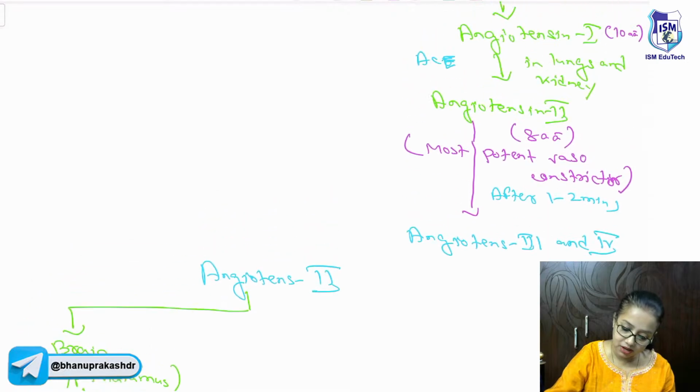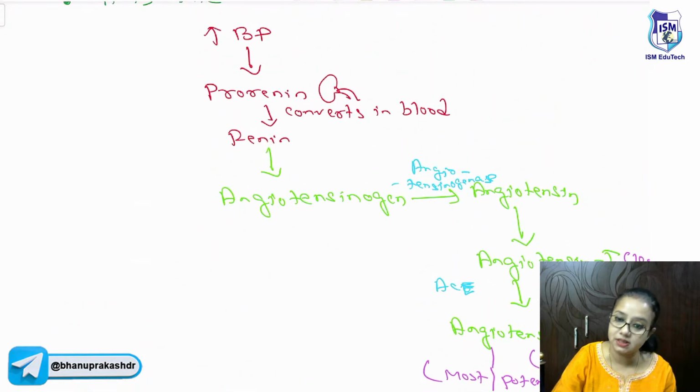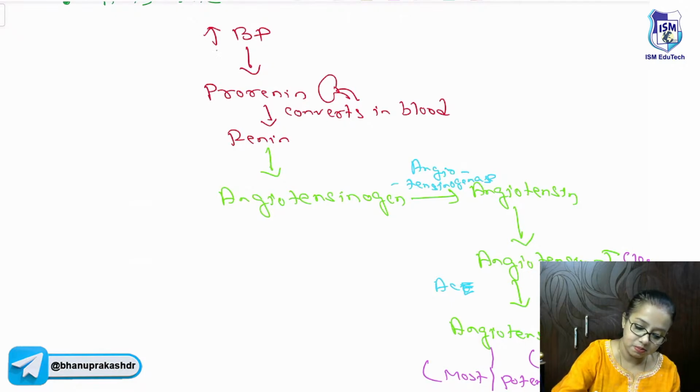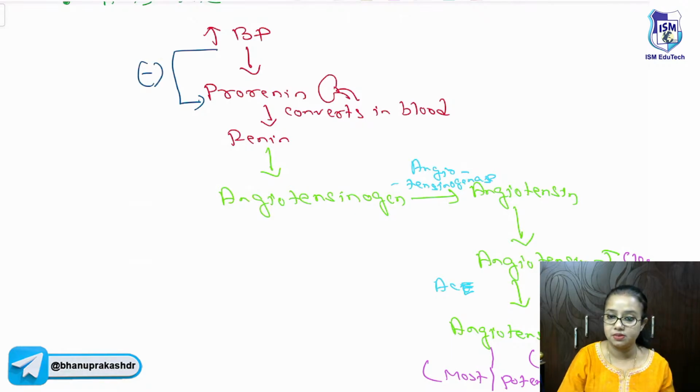Now, when the blood pressure is more, that means what? The blood volume is already more. The blood volume is already expanded, right? So, when this is more, then the stimulation to the renin will be inhibited.